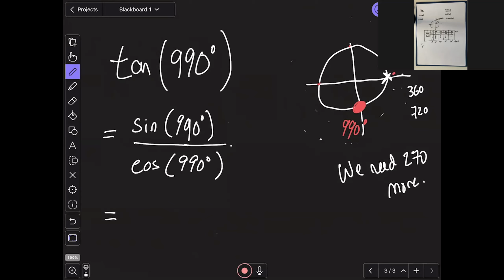But if I go to my point on the unit circle, can we think about this right here? What are the x and y coordinates of that point? First one, the one on the x-axis. Yeah, so this red point right here, what are my x and y coordinates?